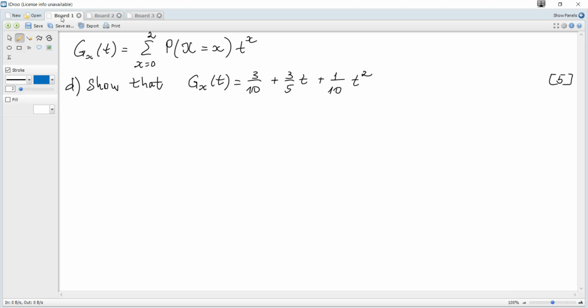Next, a bag contains 2 red balls and 3 yellow balls. 2 balls are selected at random without replacement from the bag. The random variable x denotes the total number of red balls selected.